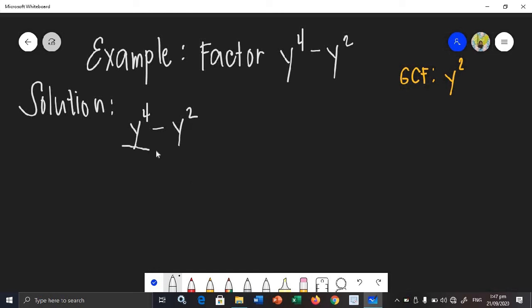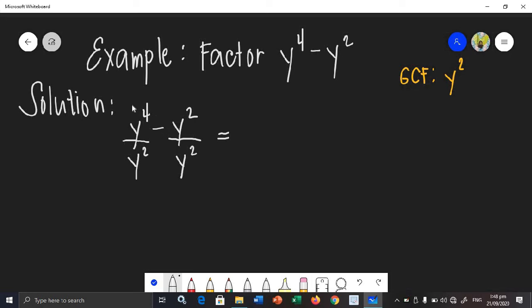So, si y to the fourth, we need to divide sa GCF, y to the second power. And then, si y to the second power, we also need to divide by the GCF, which is y to the second power.